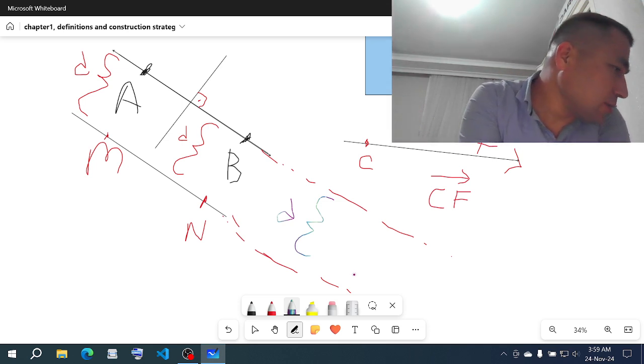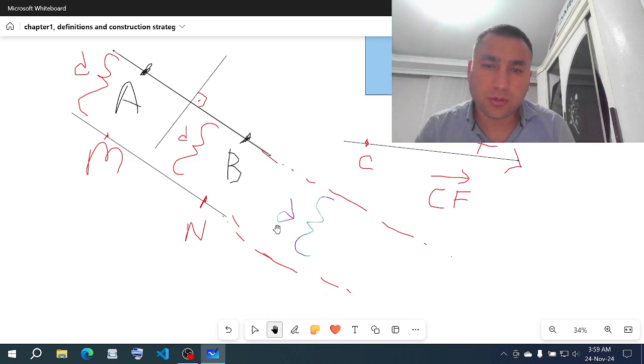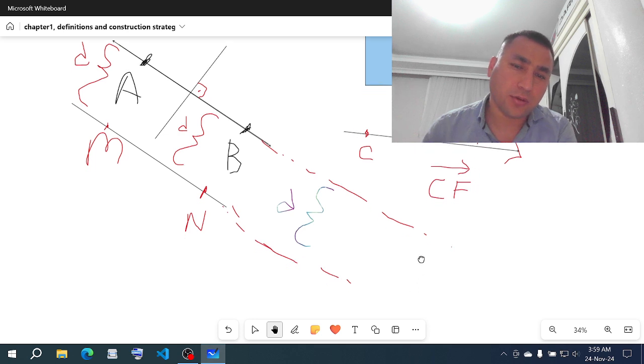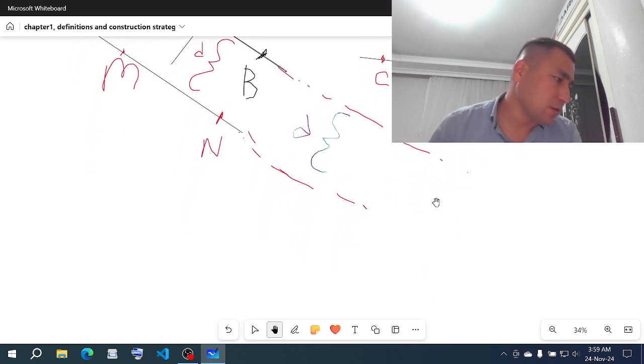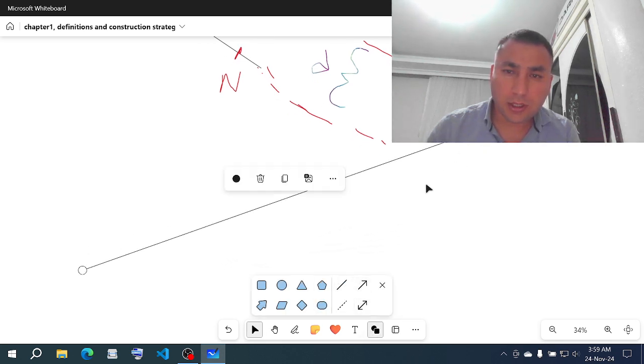And distance between 2 points: when you calculate the distance between 2 points, you take the absolute value. So how can I show you? Let me do something like this. We have a line like this.